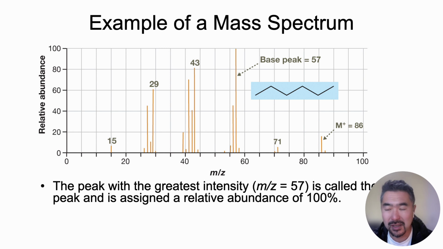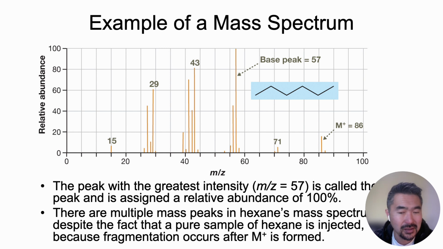And so for that reason, they can fragment, and that's why even a simple molecule like hexane has a mass spectrum that looks like this. It looks very complex, even though this has a very pure sample injected into the mass spectrometer. Here's the molecular weight of the hexane molecule, 86.